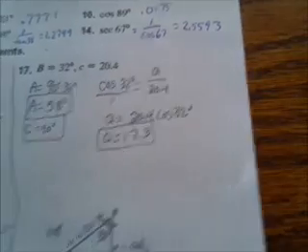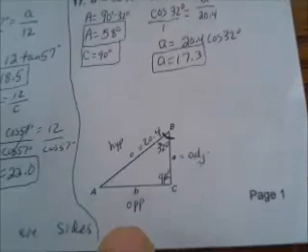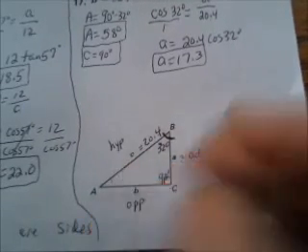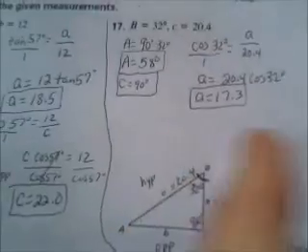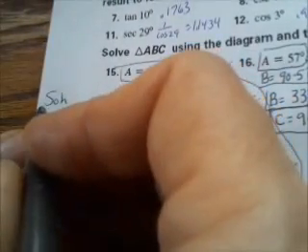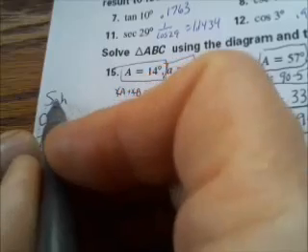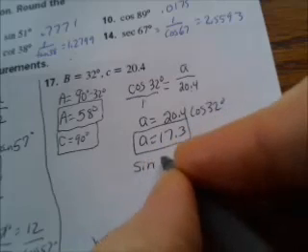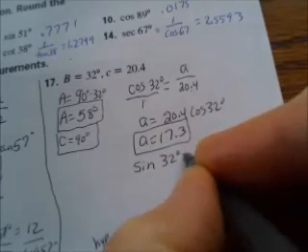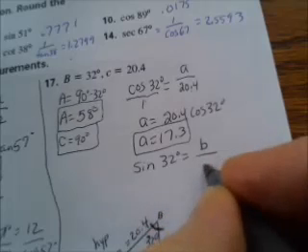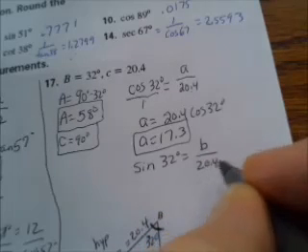And now the only thing left to find is side B. Side B is the opposite side, and since we know the hypotenuse, opposite over hypotenuse is the sine. So the sine of angle B is opposite divided by hypotenuse. So we have sine of 32 degrees is equal to the opposite side, which is B, divided by the hypotenuse, which is 20.4.